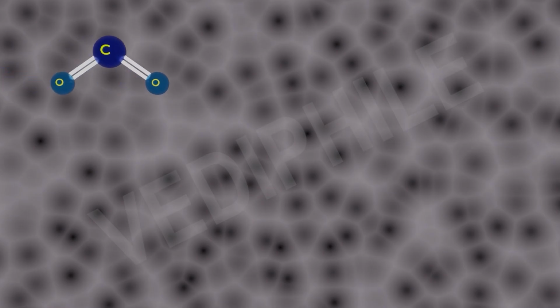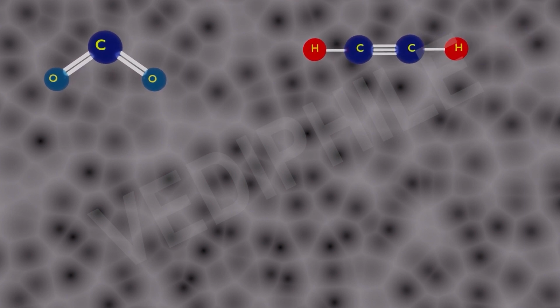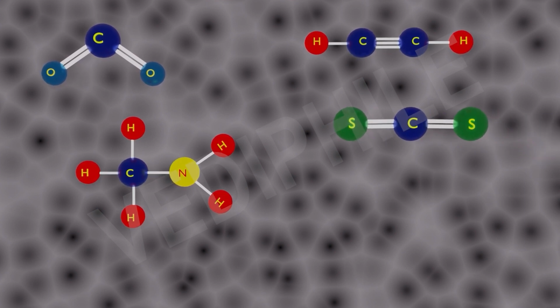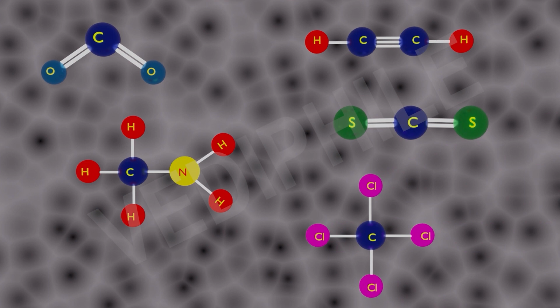Compounds of carbon are formed with oxygen, hydrogen, nitrogen, sulfur, chlorine, and many other elements, giving rise to compounds with specific properties. The bonds between carbon and other atoms are very strong. That's why these compounds are stable.